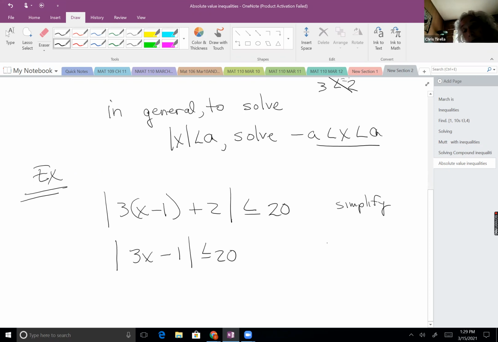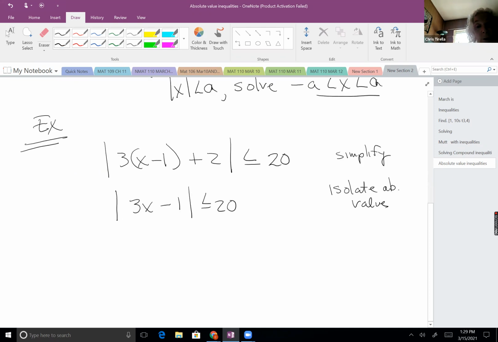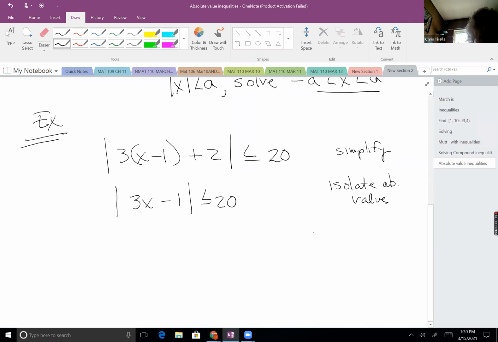We want to make sure that the absolute value is alone, which it is. And so now, if the absolute value is less than a quantity, we're going to rewrite it as a compound inequality.